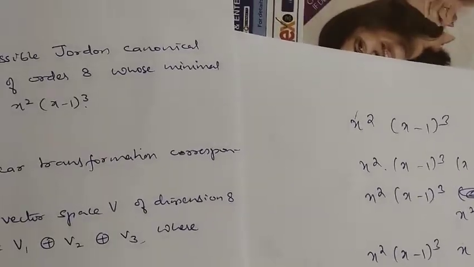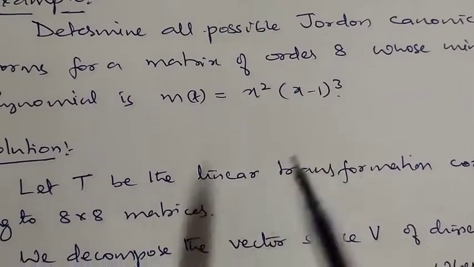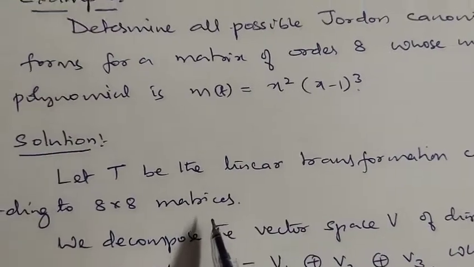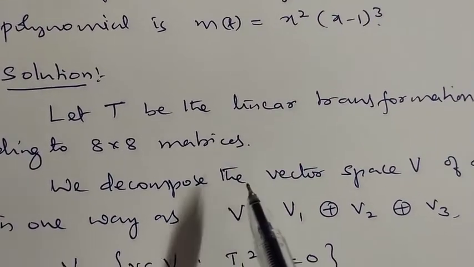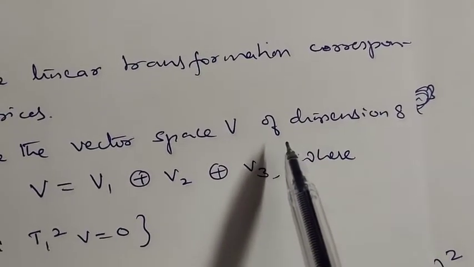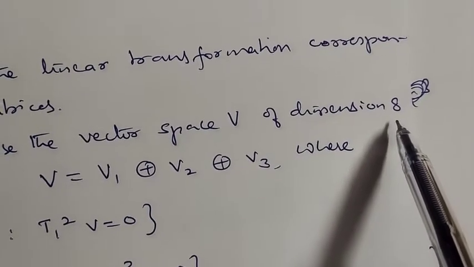Yes, let us take the example now. They gave m of t as x square into x minus 1 whole cube. Now I will write, let T be the linear transformation corresponding to the 8 cross 8 matrix. Now I will decompose the vector space V of dimension 8.